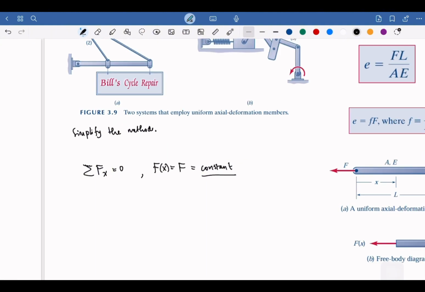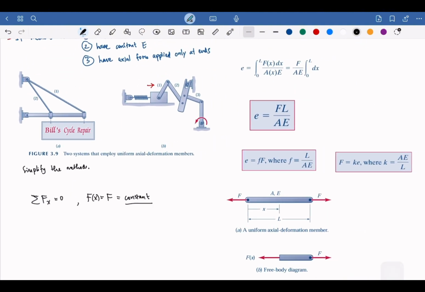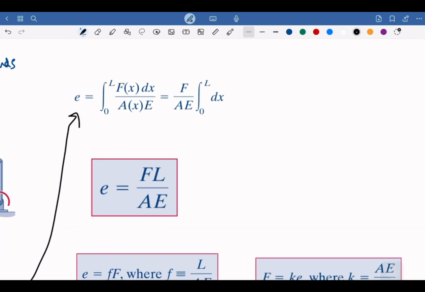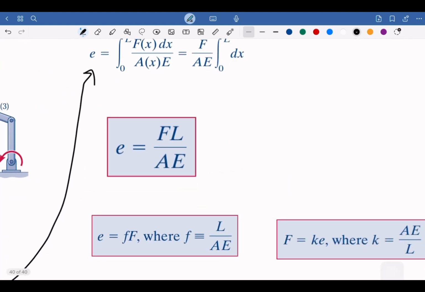And then we can write that this will be taken into that, and this will be the elongation FL over AE as we observed from the previous page. And it can also be written differently, but as long as you know the first one here, it's supposed to be sufficient.